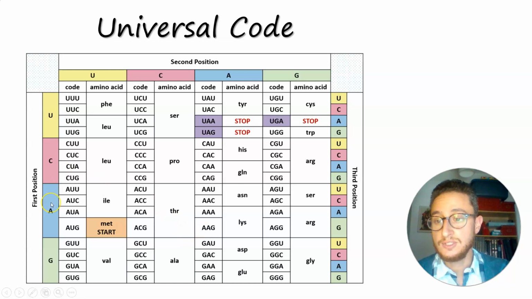So if the first letter is an A, and the second letter is a U, and the last letter is a G, we've got AUG written in the mRNA, which corresponds to the amino acid methionine, and that is the indicator for where to start making your protein. And any one of these 3-letter codes corresponds to another individual amino acid.